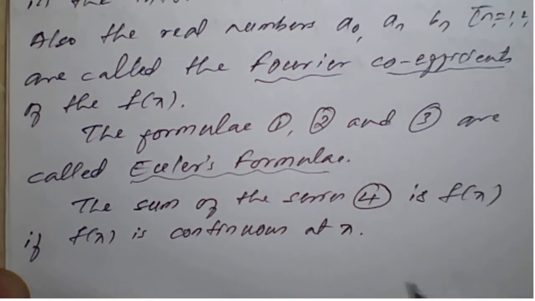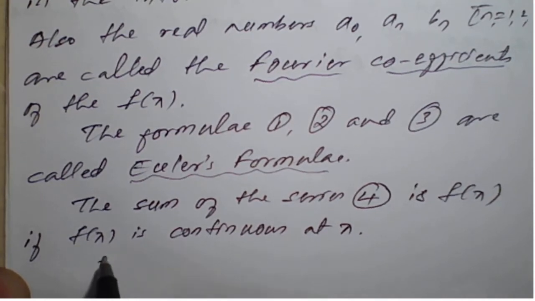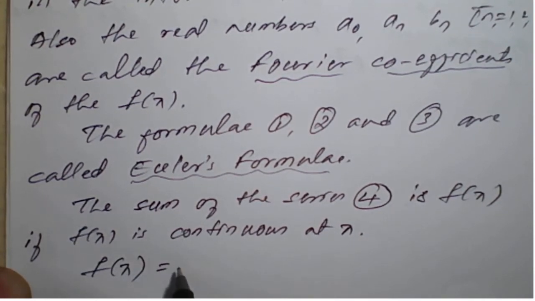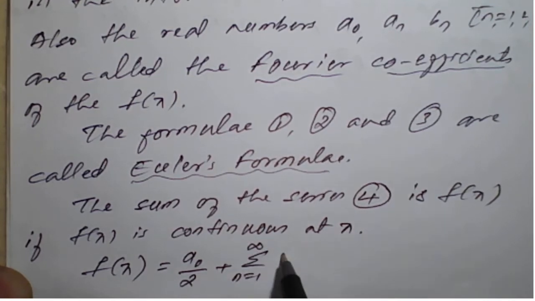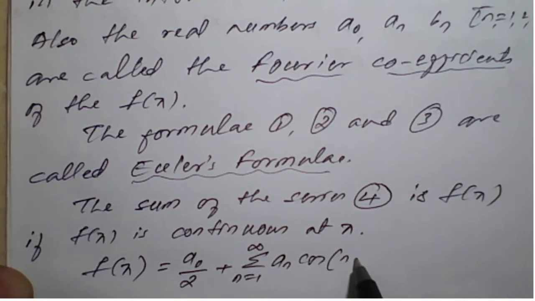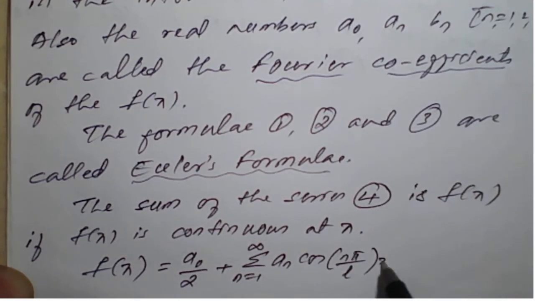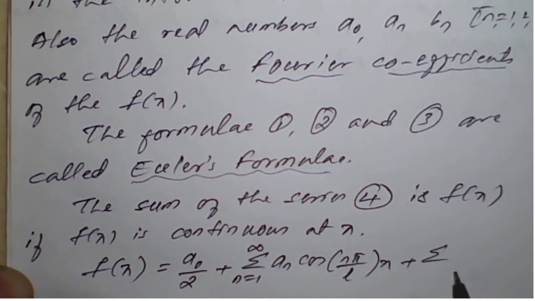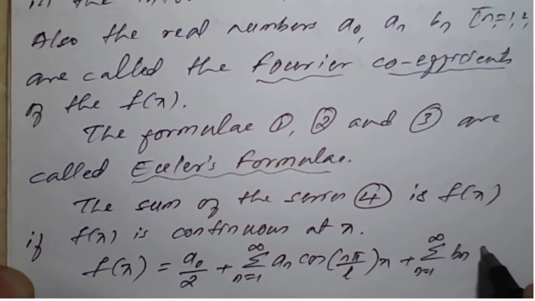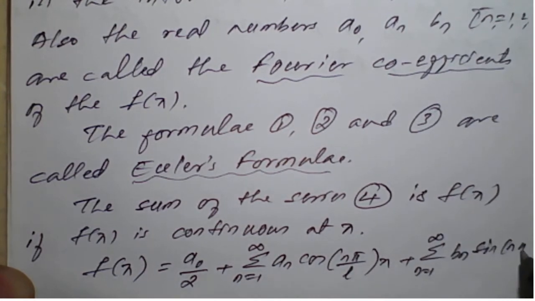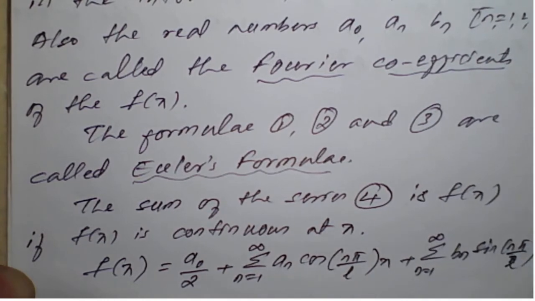If f of x is continuous at x, then the function f of x is nothing but a naught upon 2 plus summation n from 1 to infinity a n into cos of n pi upon l into x plus summation n from 1 to infinity b n into sine of n pi upon l into x.